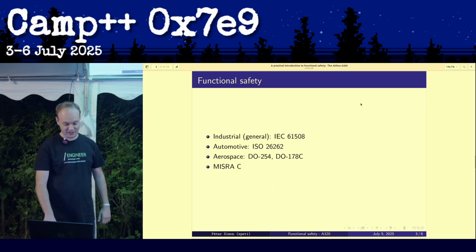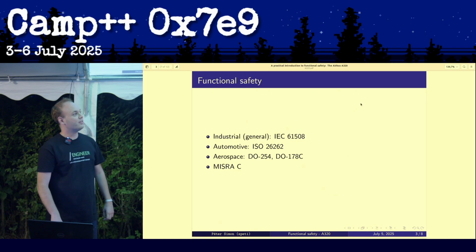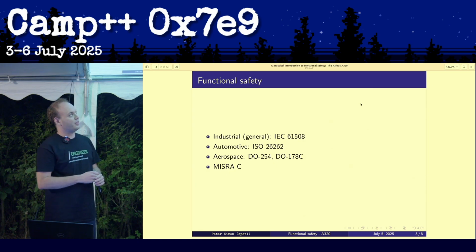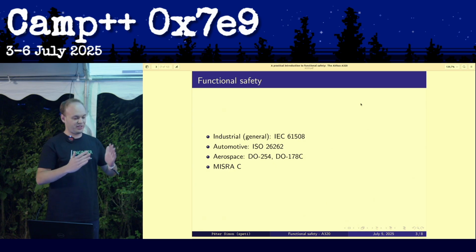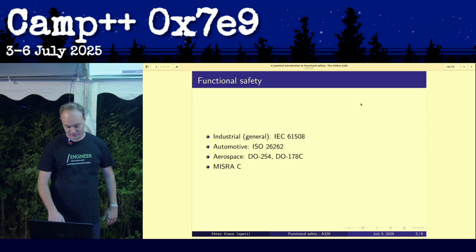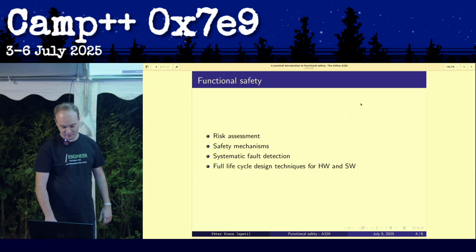And MISRA-C is also a common standard that we use in safety critical systems. It is basically a rule set for the C language that makes it less prone to coding errors.